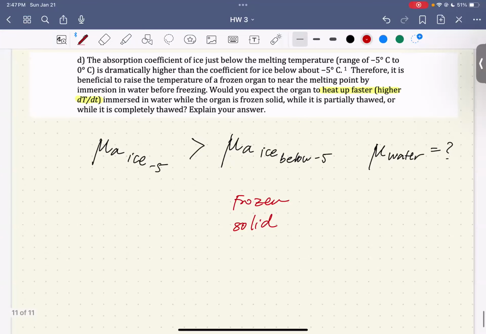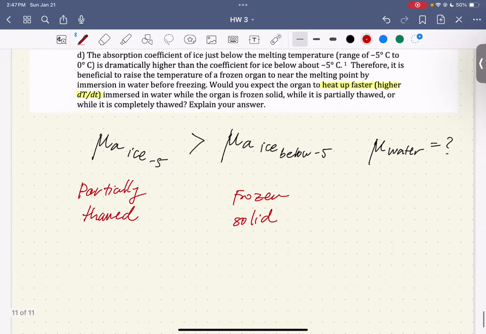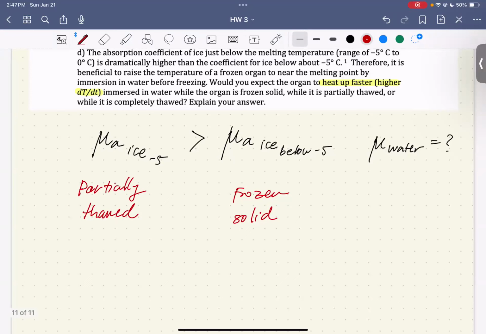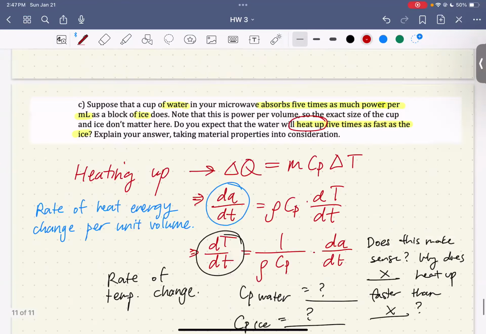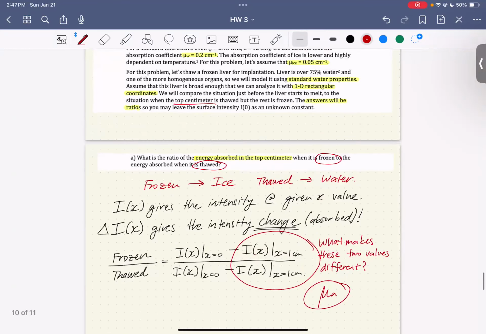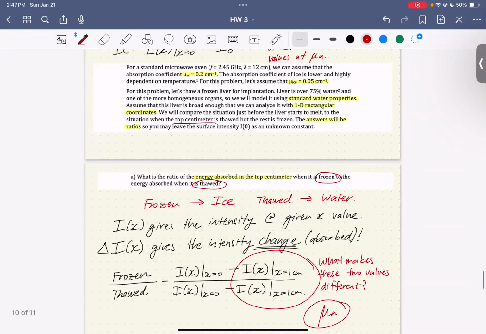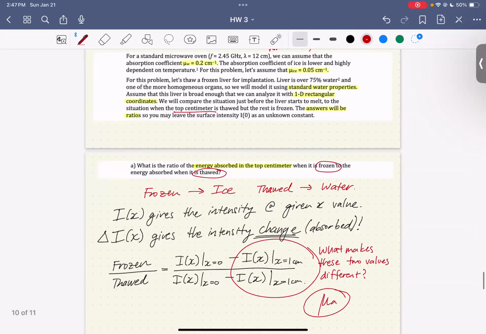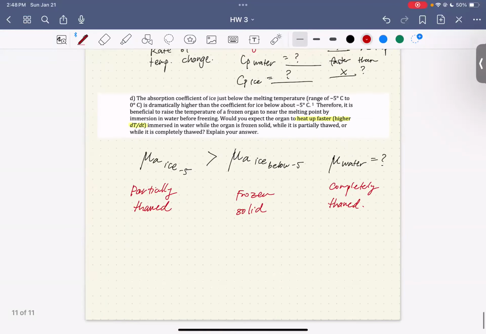And we know that when it's partially thawed, it's here. And then we are going to see that mu of water is completely thawed. And I believe the mu of water value is up here. And you can find that and use that over here and see what are those values.